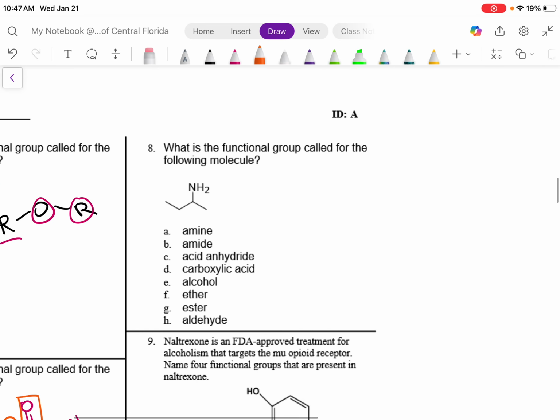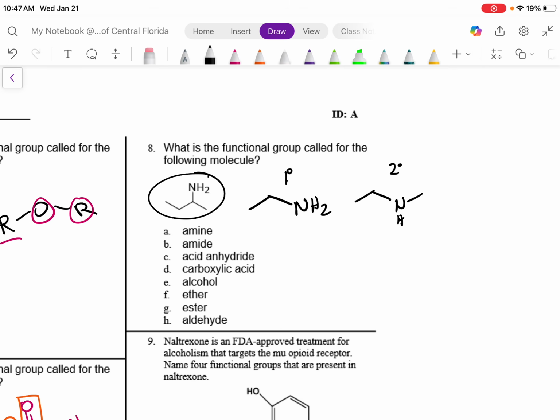This is an amine. So generic structures of amines look like this. So this one would be a primary amine. Secondary amine. So what type of amine do we have in the question?